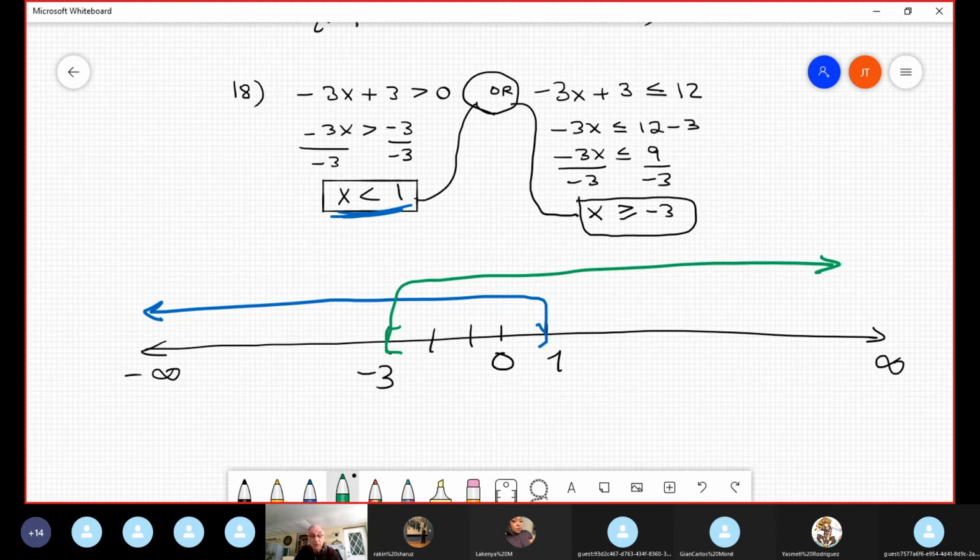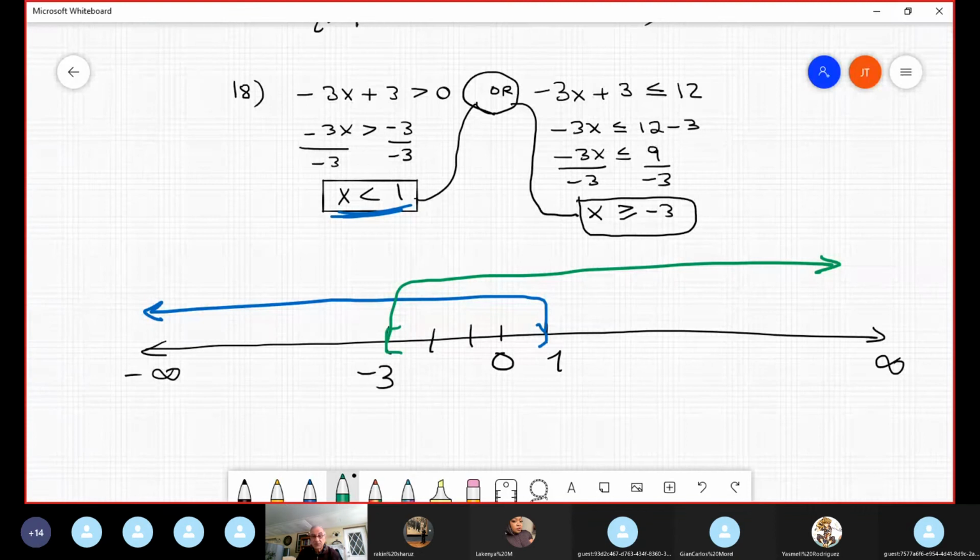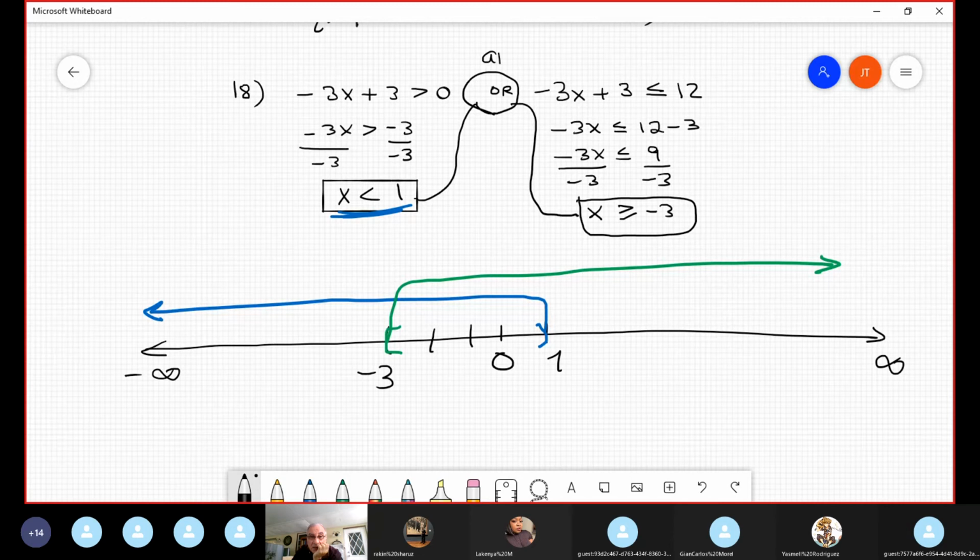And this is, in my opinion, very, very confusing. Because you need to connect together the green interval plus the blue interval. See, if I change this word to an AND, it's easy to understand, in my opinion, because of this part, the part in which both intervals, blue and green, overlap. It's the common part.